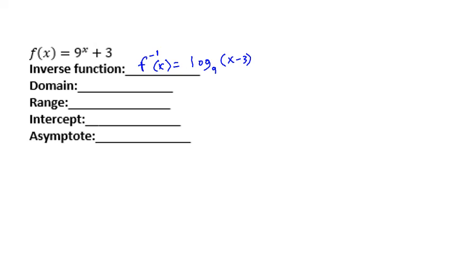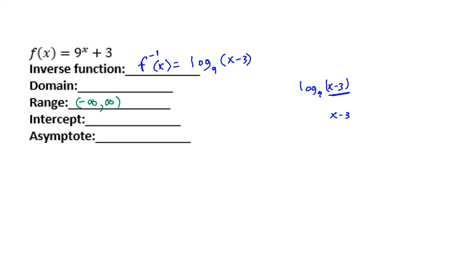The range of log functions are always the same. They're always going to go from negative infinity to positive infinity. The domain is whatever makes the argument of this particular log function positive. So what would make this x minus 3 positive? Well, let's find out.